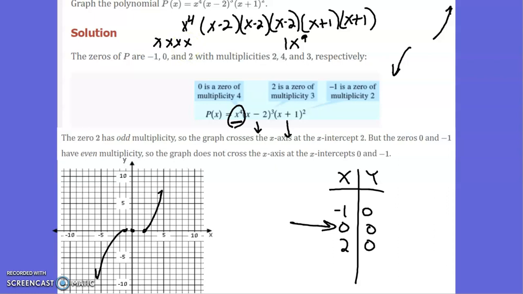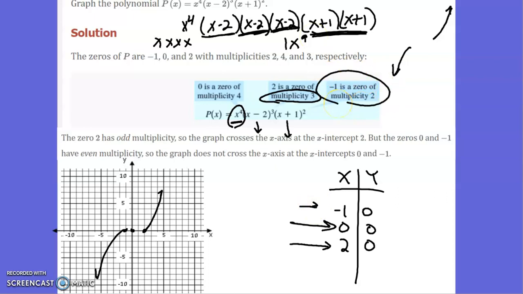And the zero of 2 has a multiplicity of 3 because it happens 3 times. That's literally why I wrote it out 3 times. And the same thing with -1: -1 is a zero, and it has a multiplicity of 2. I do want to point that out to you.